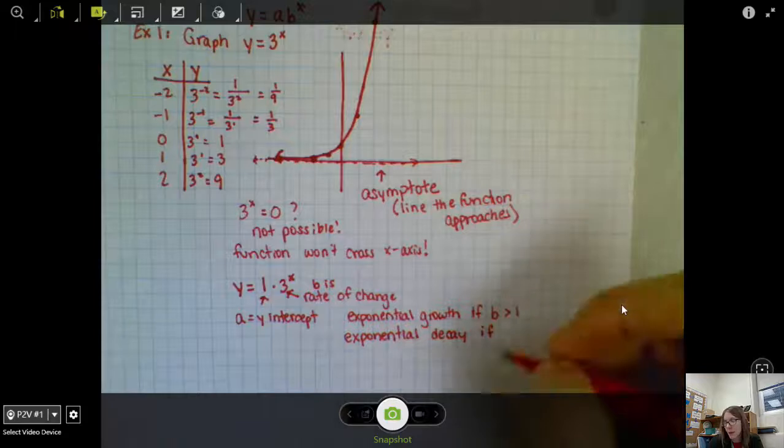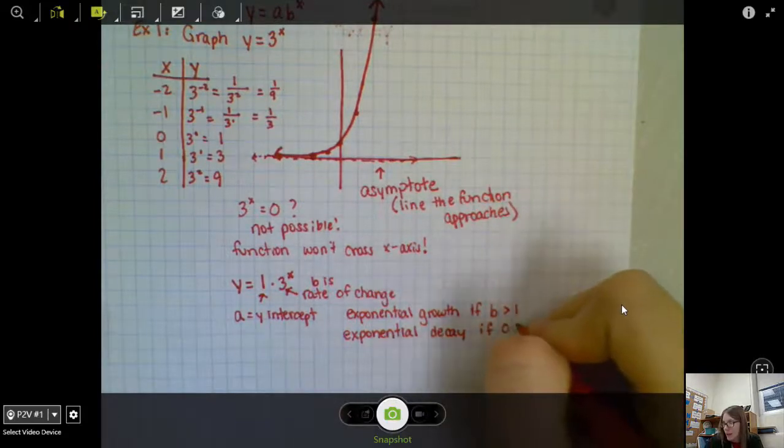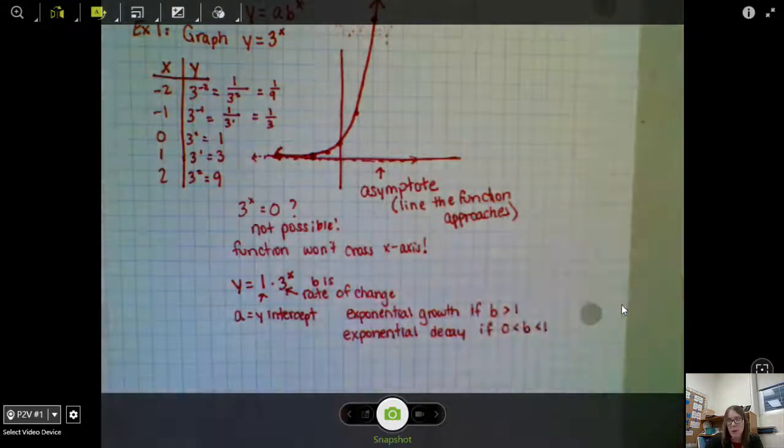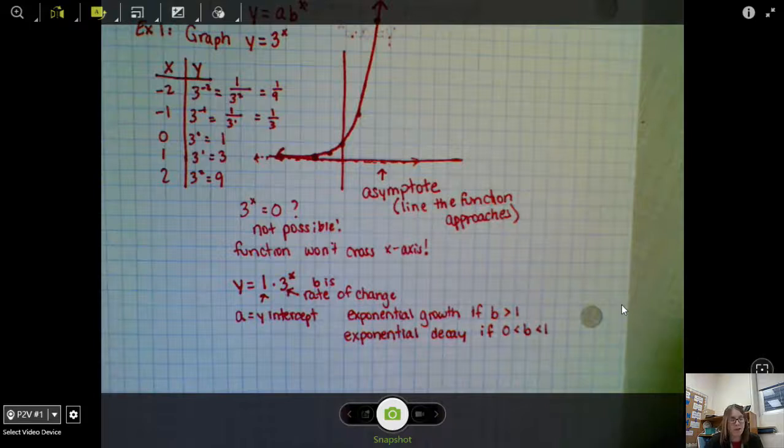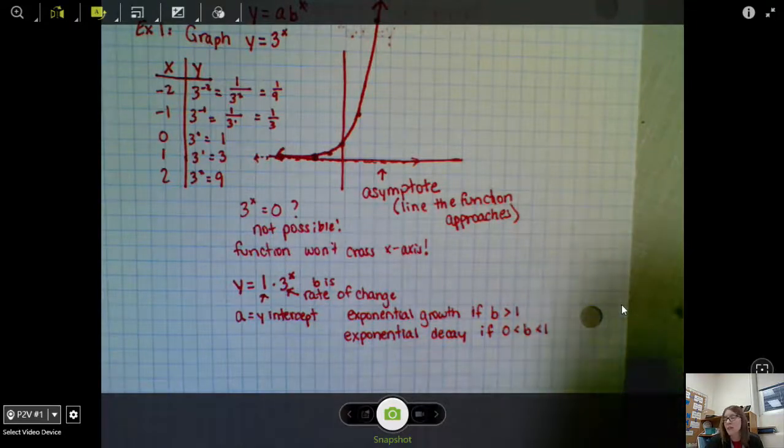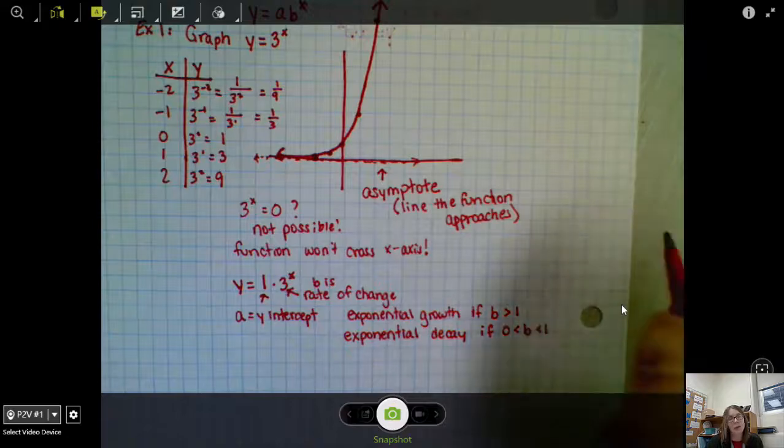B has to be a positive number. So b has to be between 0 and 1. That's a lot of information about exponential functions on our exponential form, but this is all really good setup as we go throughout our chapter.